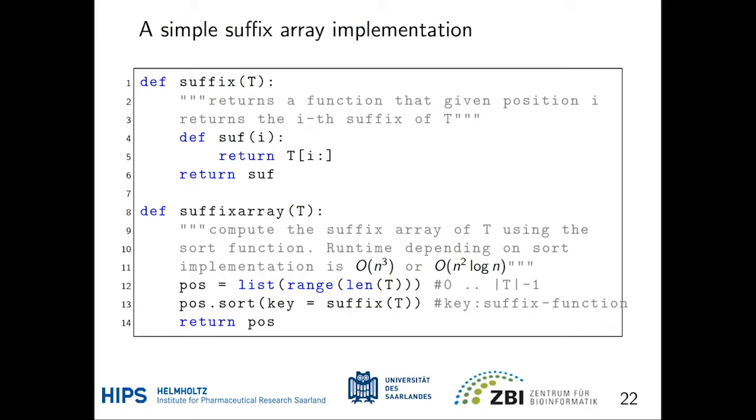In this part of the lecture, we will consider a more complex implementation that will allow us to construct a suffix array in linear time, that is big O of n. This is very important if you have long texts and the difference between n cubed and n becomes really important.